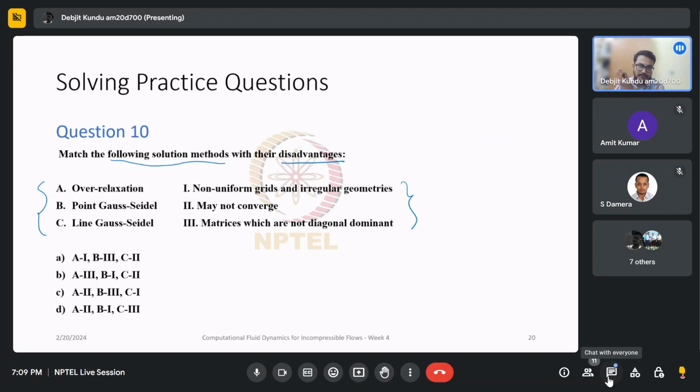The options are: option A, A1 B3 C2; option B, A3 B1 C2; option C, A2 B3 C1; and option D, A2 B1 C3. Try to match each of them and that should give you the correct combination.